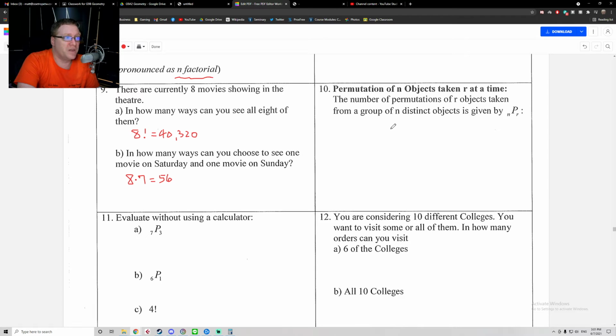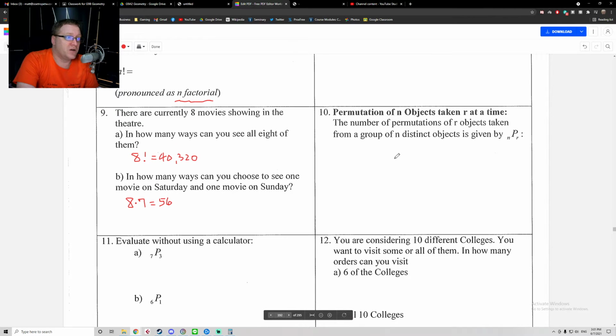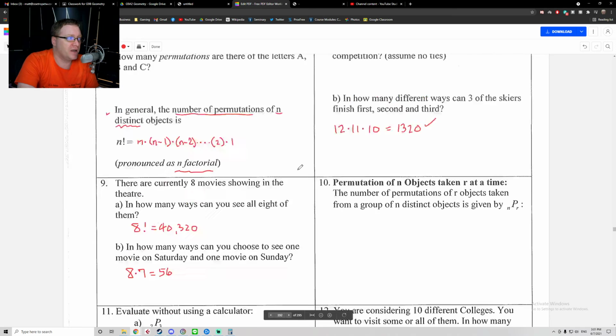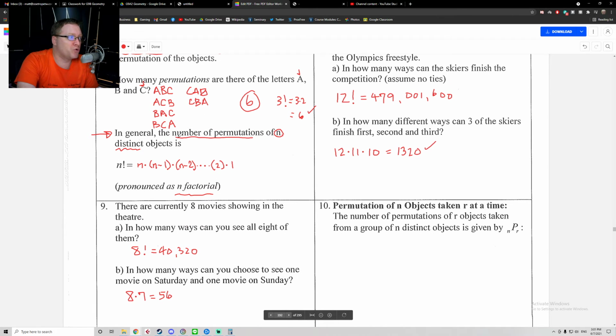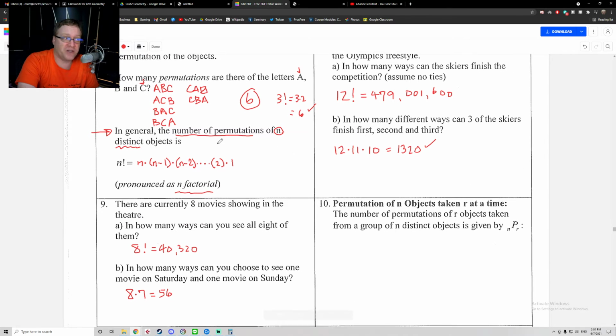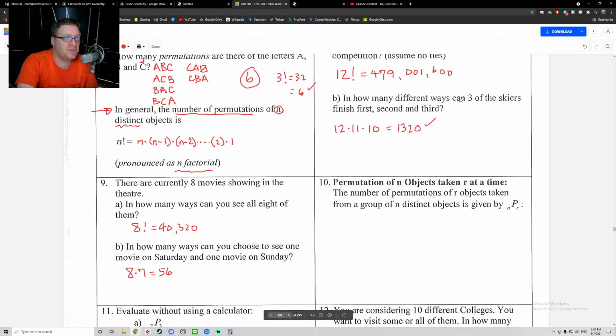Okay. So now this comes to where we have our general formula for permutations. Up here, it's total permutations of n objects. But sometimes maybe we want to take out 3 and put them in order, using the 12 different ones.